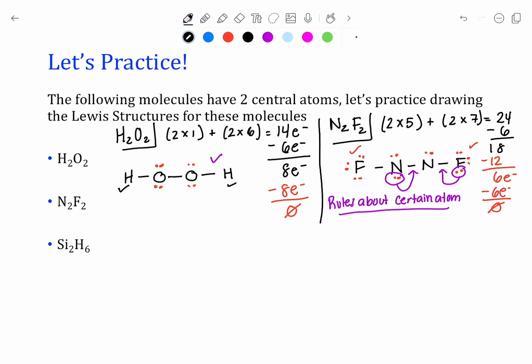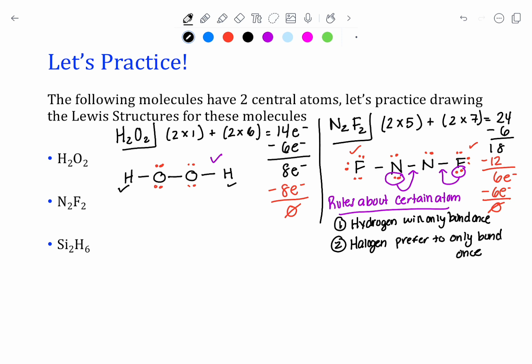The first one, hydrogen will only bond once. The second one, halogens prefer to only bond once. Can they bond more than one time?